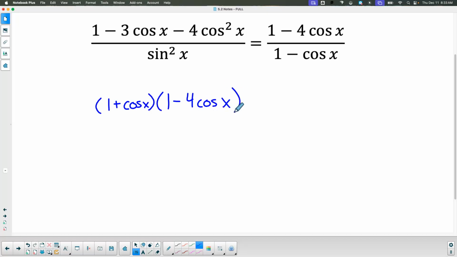Wouldn't it be 3? No, it would be 4, because these two here have to multiply together to be negative 4 cosine squared. And then the outers and the inners have to add to be negative 3 cosine. Okay?